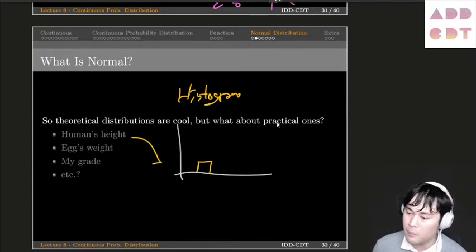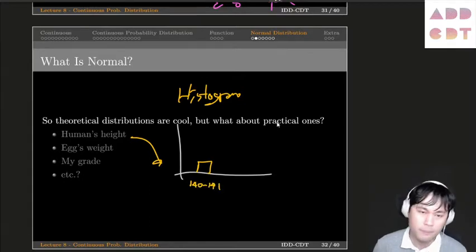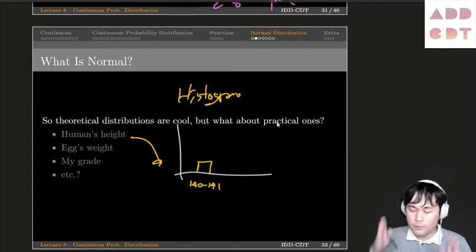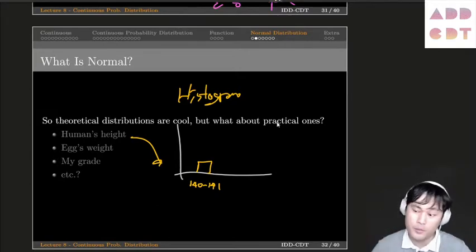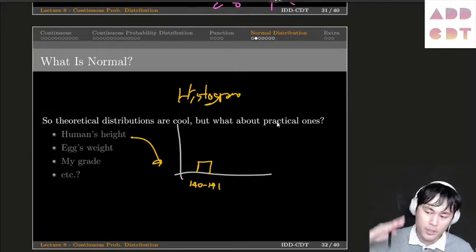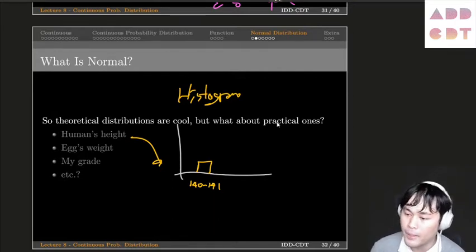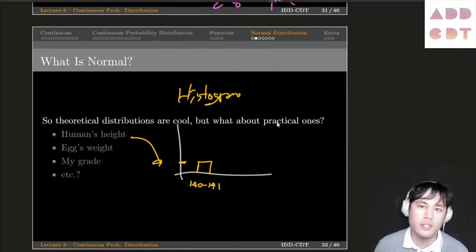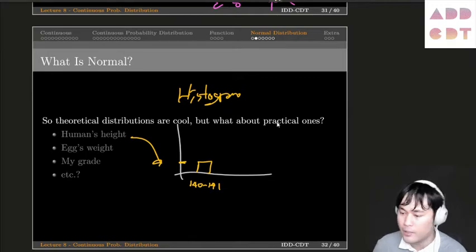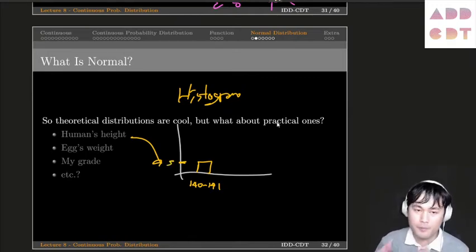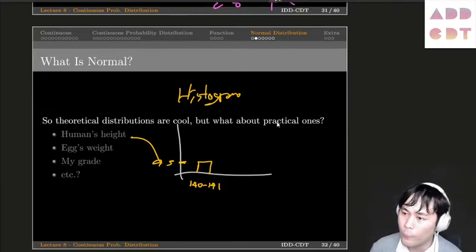So for example, you can measure height, and let's make it maybe 140 to 141. We count how many people have heights between 140 and 141 and put them all into a single bin, the same category. Now the height will measure the number of people who fall into that category. Let's say there are 5 people. And then repeat that for all the heights.